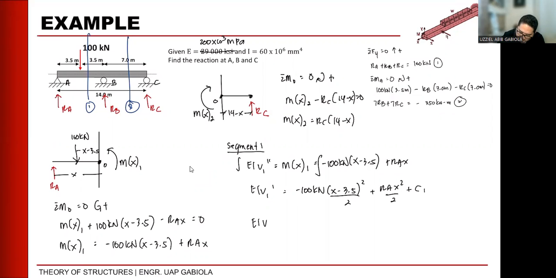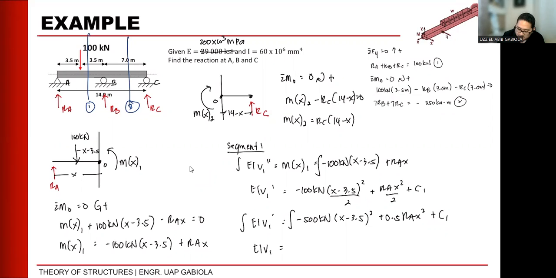Simplify. We have negative 50 kilonewton multiplied by (x minus 3.5) squared plus 0.5 RA x squared plus C1. This is our slope equation. Then we integrate again and we will have our deflection equation.